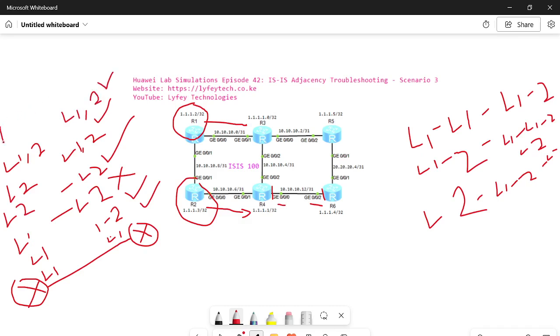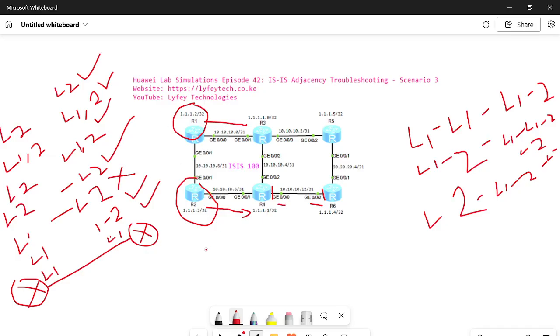And finally, if you have level 2 and you have level 2, the adjacency will come up without any problem. So these are the scenarios that you need to have in mind when you are configuring ISIS adjacency. Always know which levels can establish an adjacency with which level.